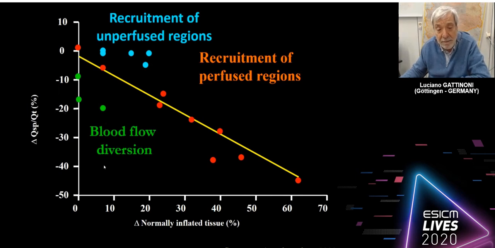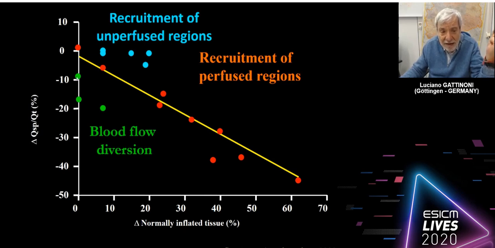As an example, these are patients in which we looked at the change in normally inflated tissue, so how much the tissue regained aeration. And you can see, in some patients, we increase the normally inflated tissue up to 20-30% without any change in shunt. That means these are recruitments of perfused regions.